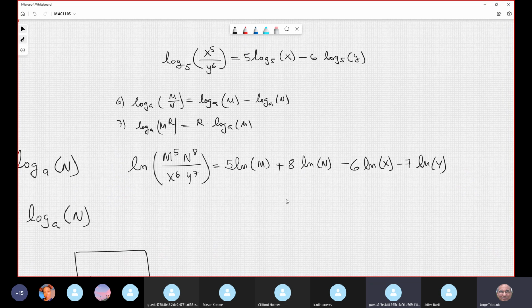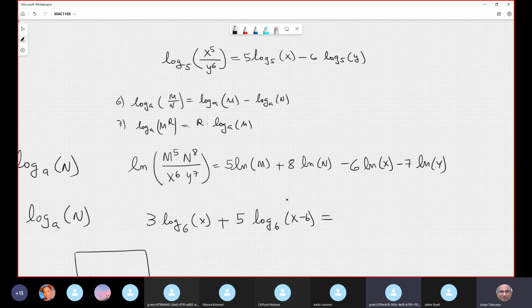So, for example, let's give this example: 3 times logarithm base 6 of x plus 5 logarithm base 6 of x minus 6. And the question says express this expression as a single, only one logarithm.